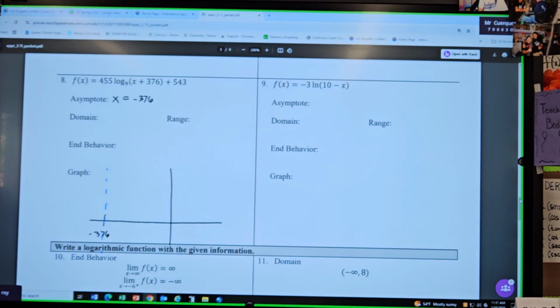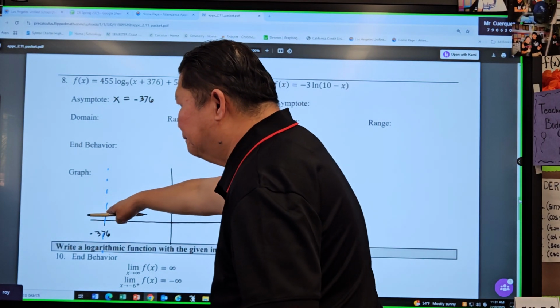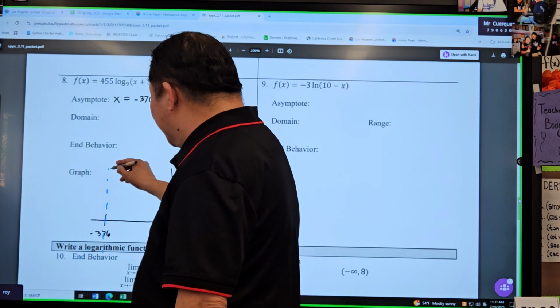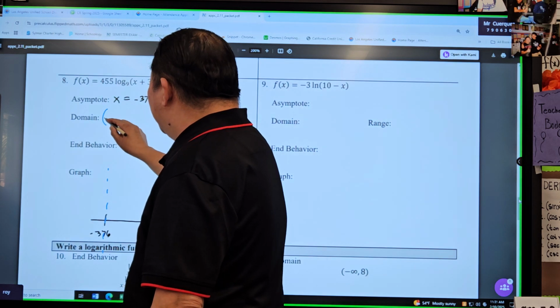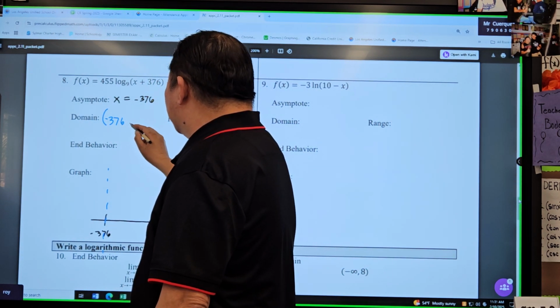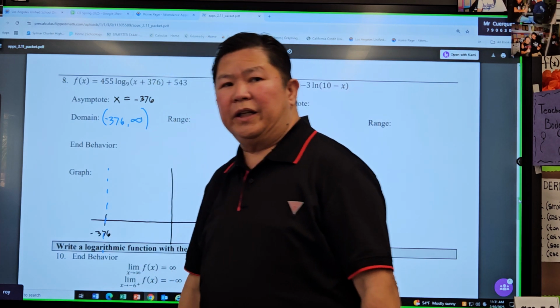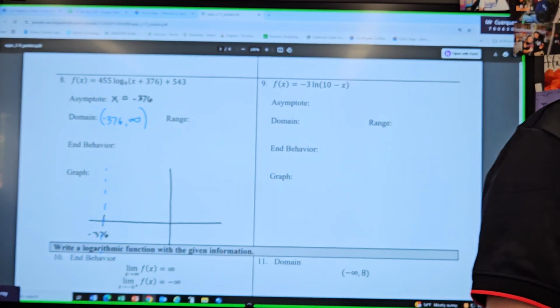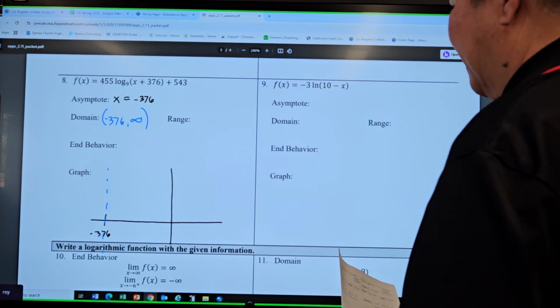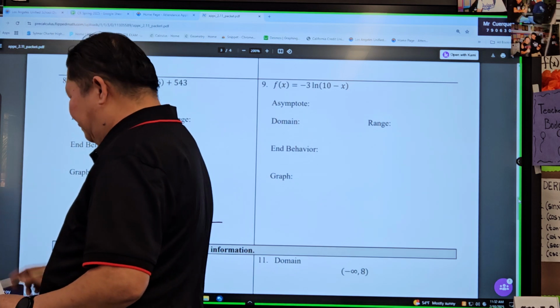So what about the domain? Domain, values of x. Since this is the vertical asymptote, it is restricted right here. Negative 376 all the way to positive infinity. That's our domain. How about the range, guys? Could anyone sketch this in Desmos?